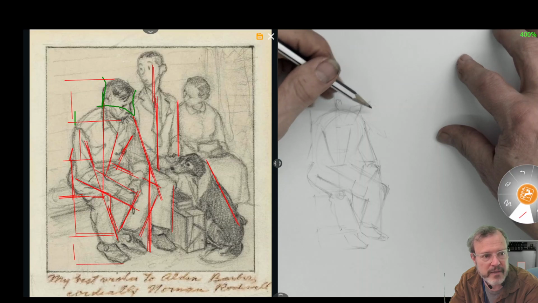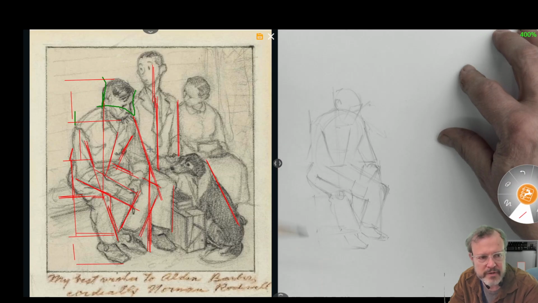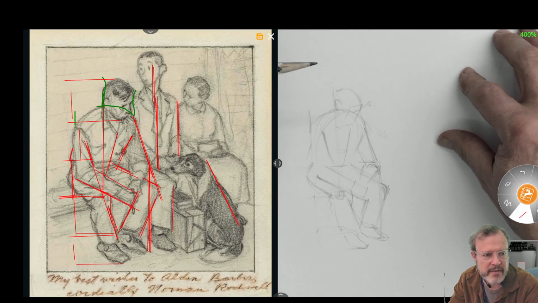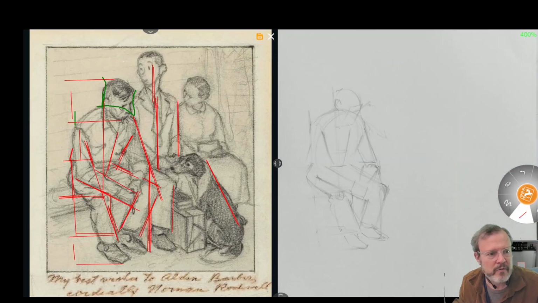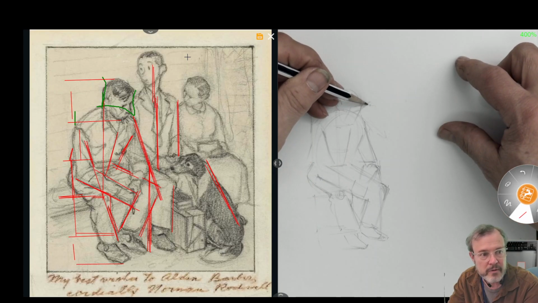And then in a way the older man's mood is reflected back in the mood of the dog, and so are some of these angles. You see that? It's like this connects the dog to the older man, and these verticals make the younger man very much a distinct figure in this little drama.